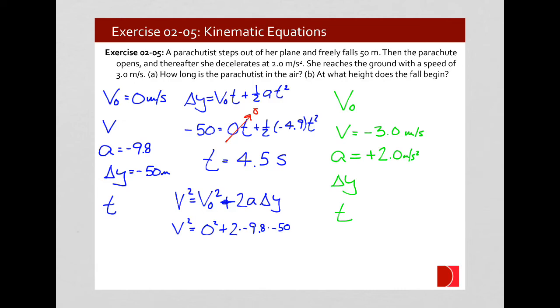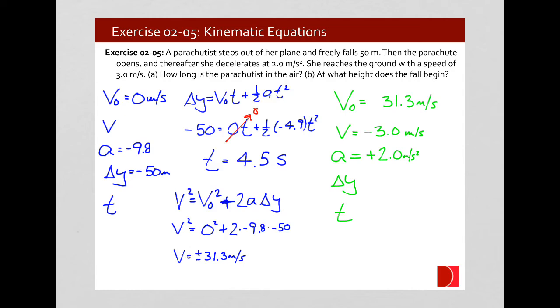And that gives us our final velocity here as a plus or minus 31.3 meters per second. That's the final velocity when her chute is opening, so that is her initial velocity for her descent with a parachute.